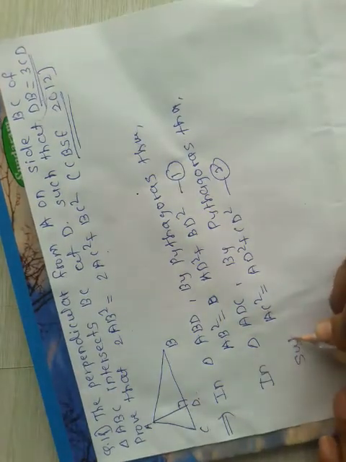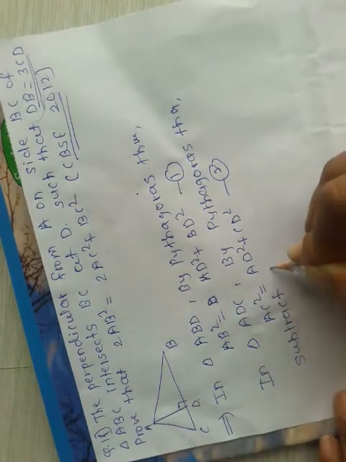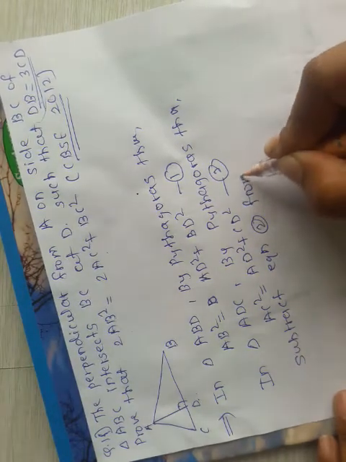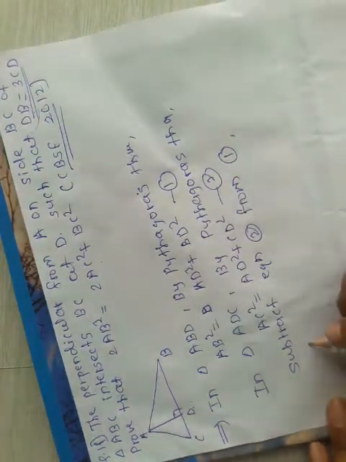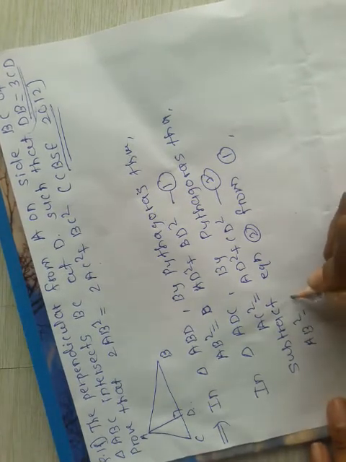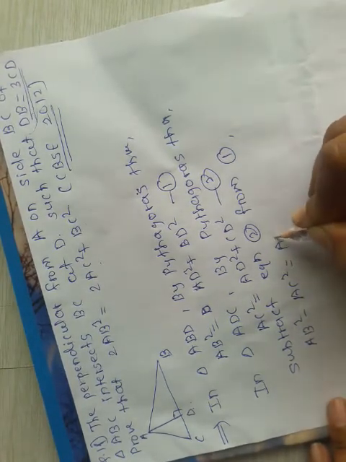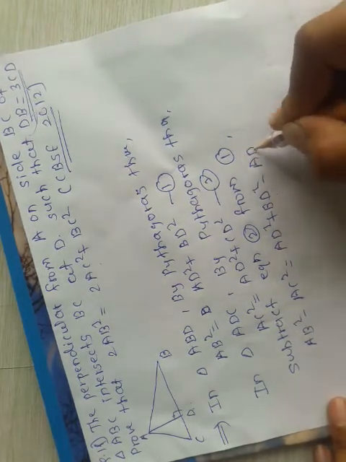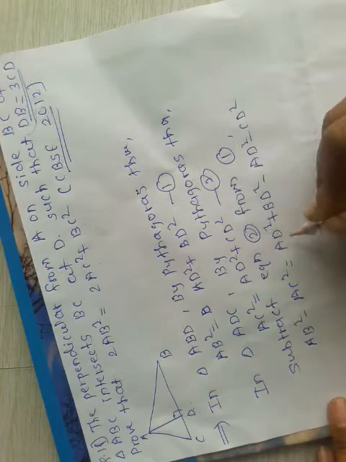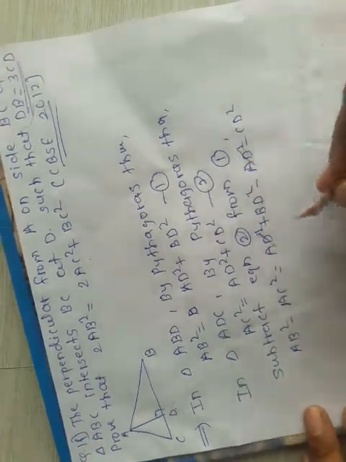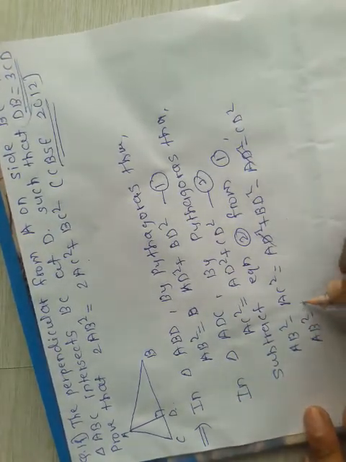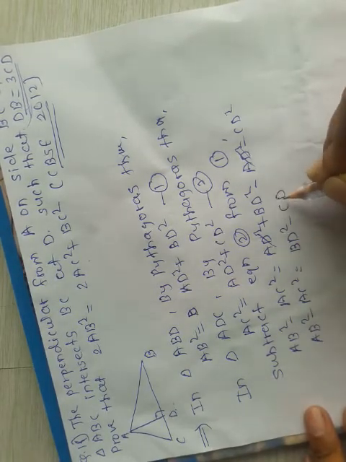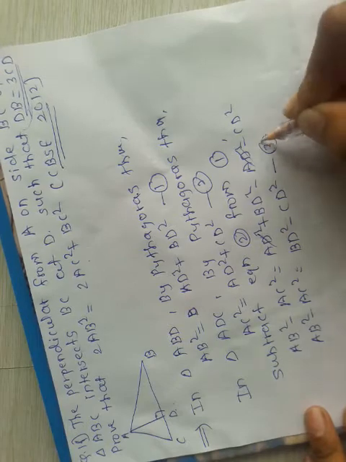Write down here: subtract equation 2 from 1, we get AB square minus AC square is equal to AD square plus BD square minus AD square minus CD square. This AD square gets cancelled, and we get AB square minus AC square is equal to BD square minus CD square. This is our equation number 3.